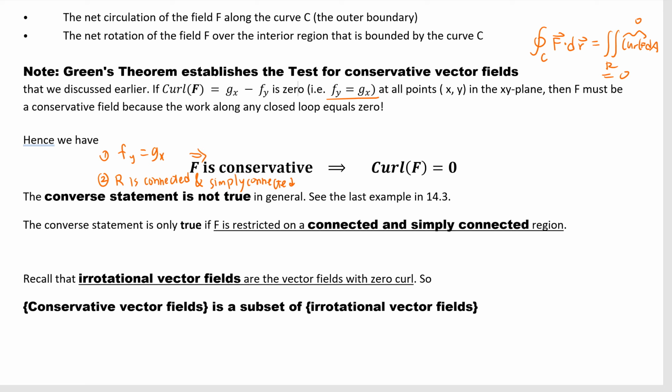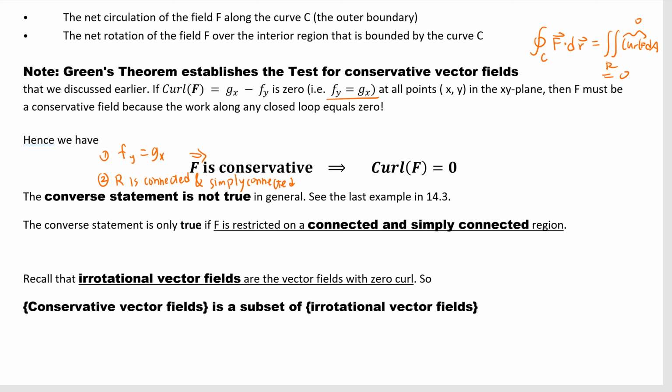Okay. That's why the curl is 0. If the curl is 0 but the second condition is not satisfied, the vector field might not be conservative. And we talked about an example in our last class. So the converse statement is only true when F is restricted to a connected and simply connected region.